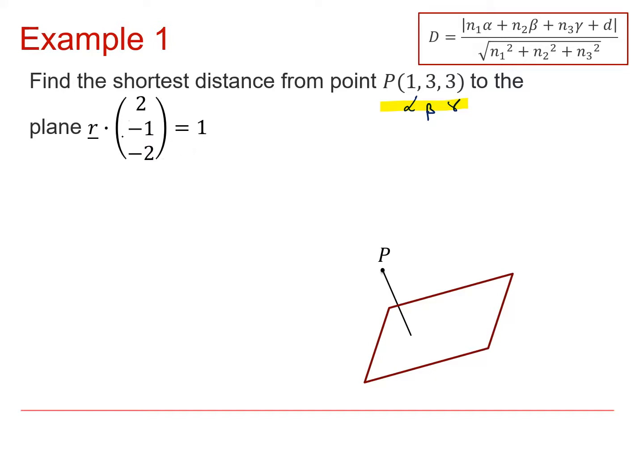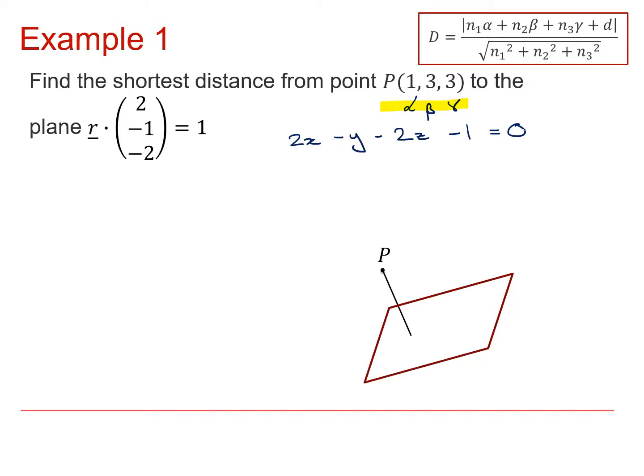Now it's worth taking this apart a little bit and rewriting this as 2x minus y minus 2z minus 1 equals 0. The reason for doing that is it's very easy to forget that this d, as it will be in the formula, is actually negative. You get d equals minus 1 from this.